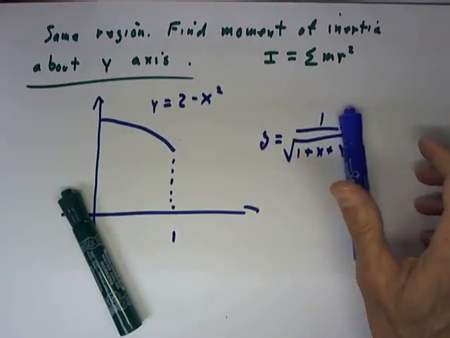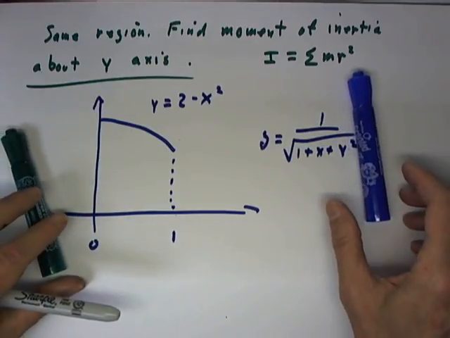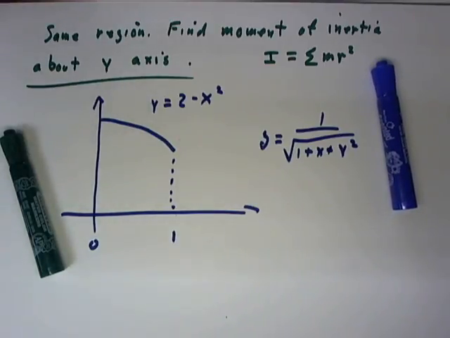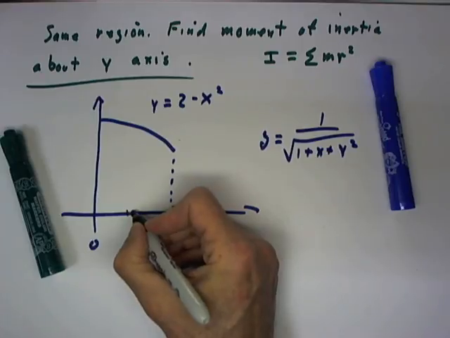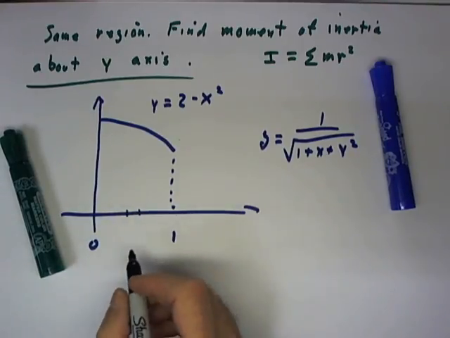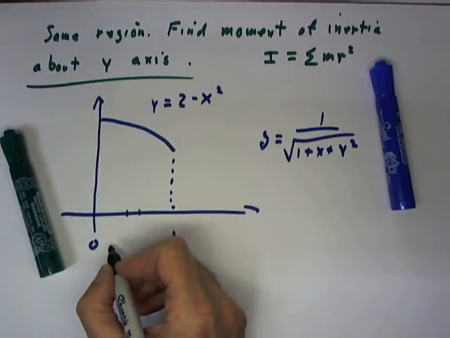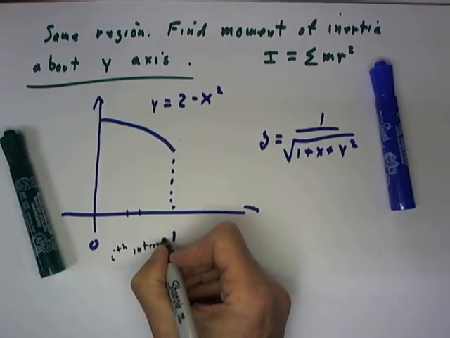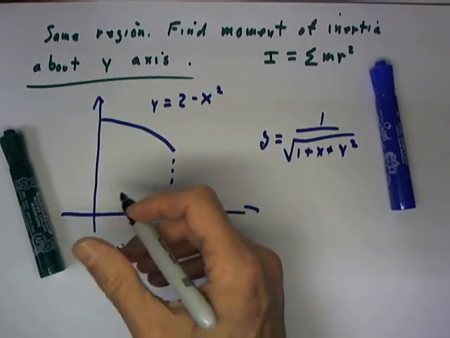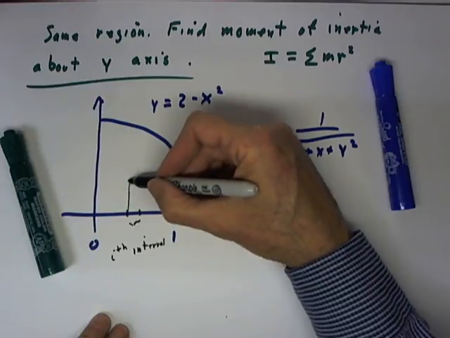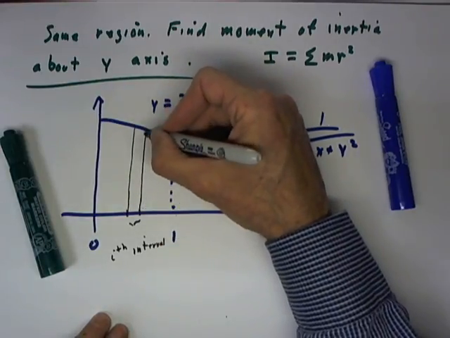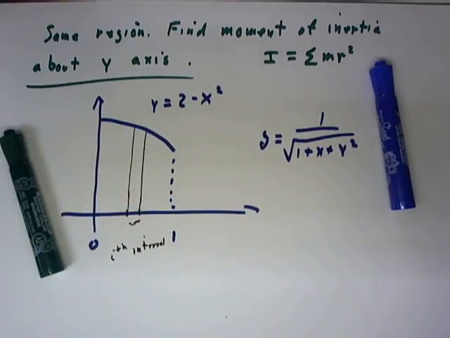Now, the process is simply the same as before, and the process is always the same. We consider an interval of one of our axes, and we let this be the ith interval. We consider what the region above that interval contributes to our moment of inertia.